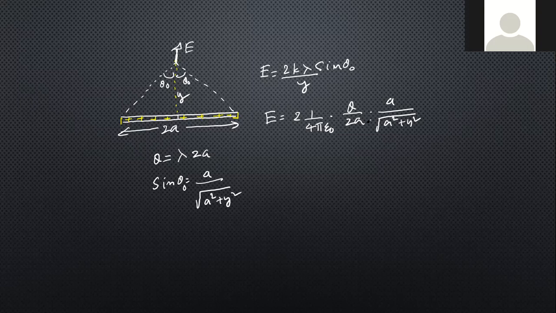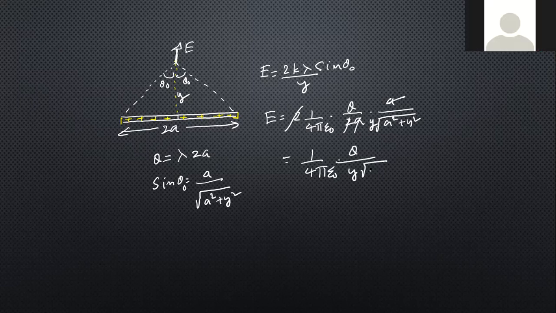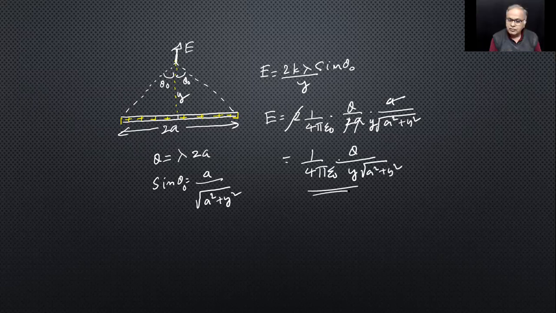So what am I left with? A gets cancelled. So I'll get 1 by 4 pi epsilon 0 q divided by y into root of a square plus y square, in terms of q and distances, where a is the half length of the line charge.